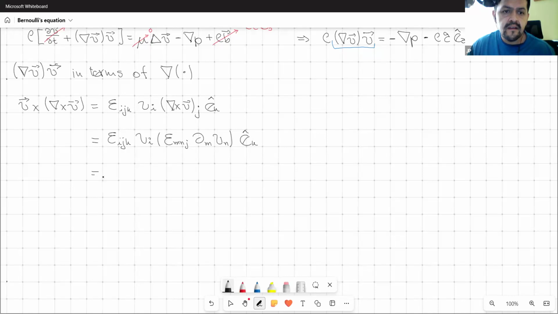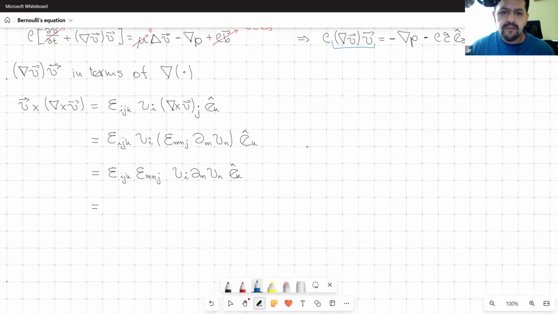Okay, then we can take the two permutation symbols all together and say that this is epsilon ijk times epsilon mnj times bi partial of bn with respect to xm times the unit vector k hat. Okay.